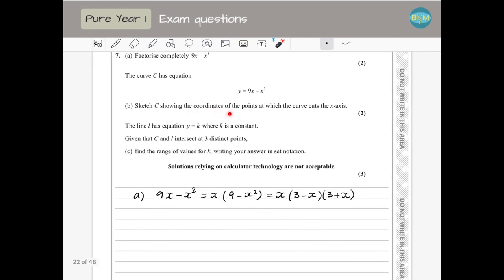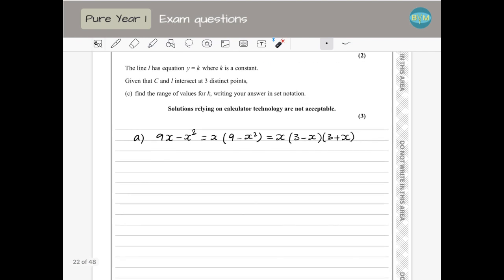Sketch C showing the coordinates of the points at which the curve cuts the x-axis, so the roots. So to draw, we are going to sketch. These are my axes, x, y. I know it's a cubic, so it could go up or it could go down.